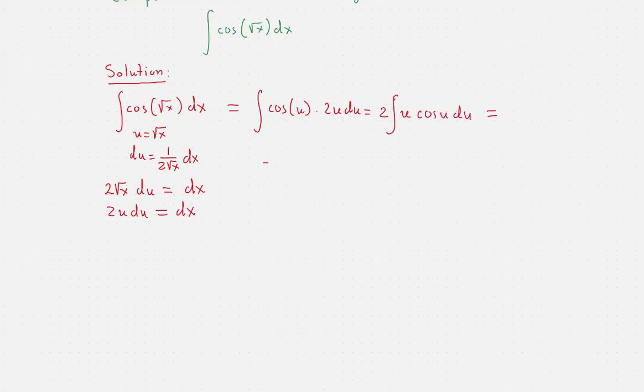We think of cosine as the derivative of sine, and that gets our integration by parts going. So first we drop the prime, and then we put the prime on the other function, which gives us 1.